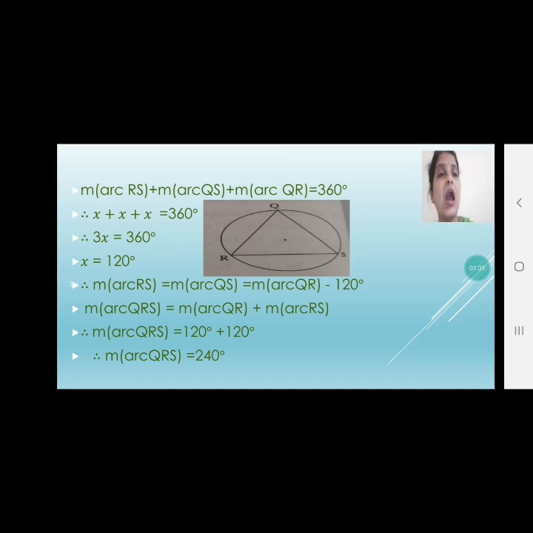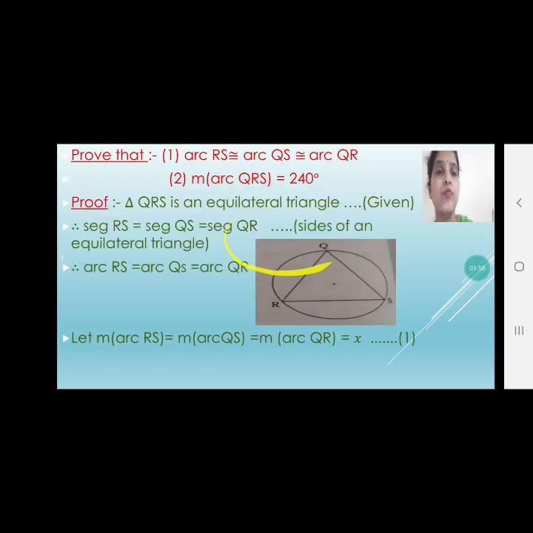Now measure arc RS equal to measure arc QS equal to measure arc QR is equal to 120 degree. Now what will be the measure of arc QRS? It will be measure arc QR plus measure arc RS. 120 plus 120 will give me 240 degree. Okay.